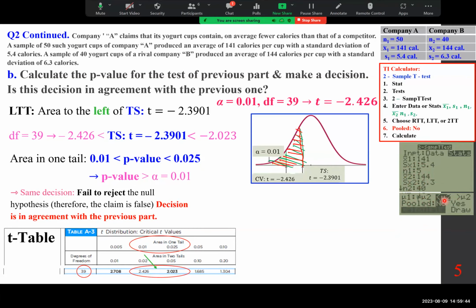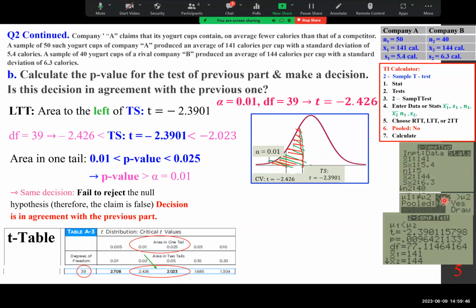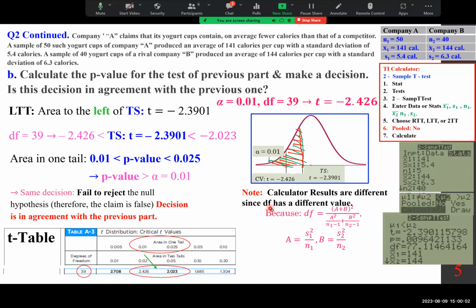Mu1 was less than mu2. So with that being the case, when you do the calculation, it gives you the following information. Let's see what that information is. The results are completely different since degrees of freedom has a different value. Take a look.